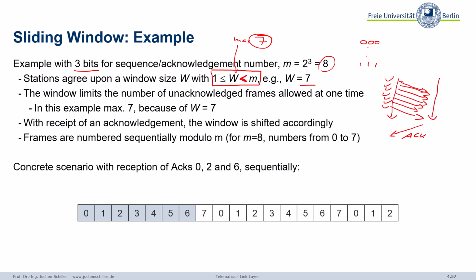So now a concrete scenario, and then I will come back to how I shift and how the numbering goes. We have here a window from 0 up to 6, so the window size is 7, as indicated up here. That's our window right now.